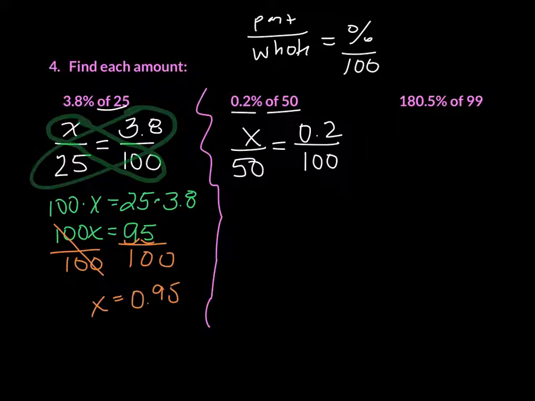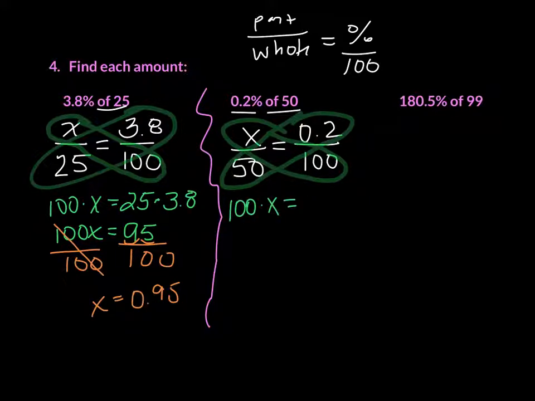This is what I don't know. I'm going to cross multiply. So I then have 100 times X equals 50 times 0.2. 100 times X is 100X. 50 times 0.2 is equal to 10.